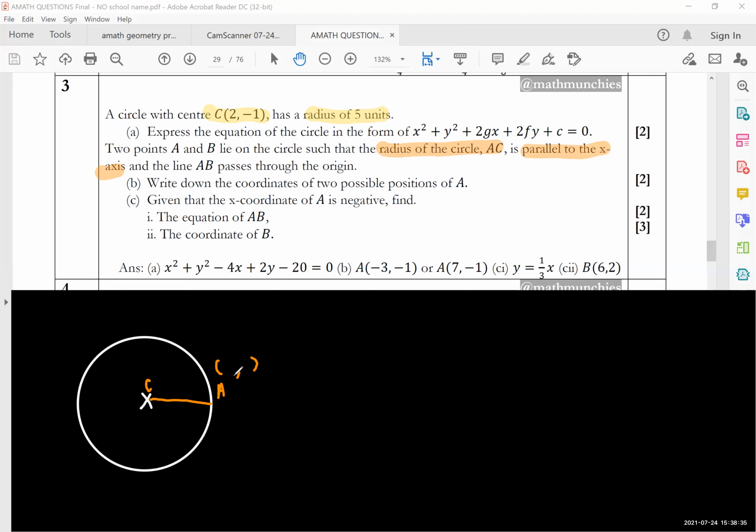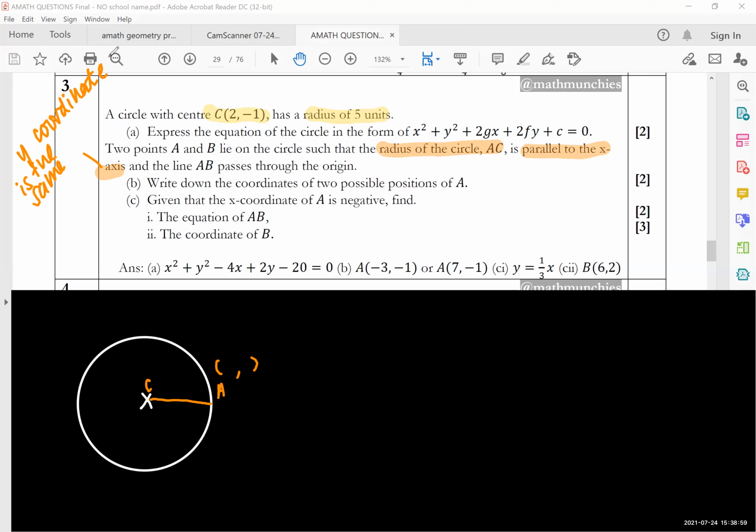The y value is the same. Yes, the y value is the same. Or we don't say y value, we say the y coordinate. So it's the y coordinate.